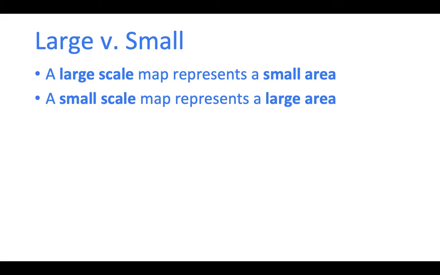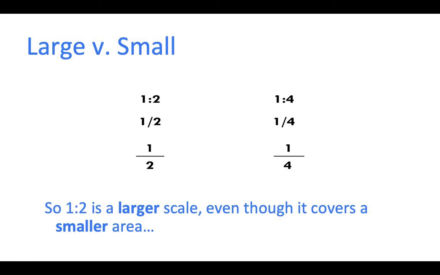All right, but if you take that same map of Los Angeles and then you also have a map of, I don't know, Quartz Hill, whatever, here in the Antelope Valley, that LA map would be a small scale map compared to our Quartz Hill map because the LA map is a larger area, the Quartz Hill map is a smaller area. Right? That's the concept there, and what it has to do with is the actual fraction itself.